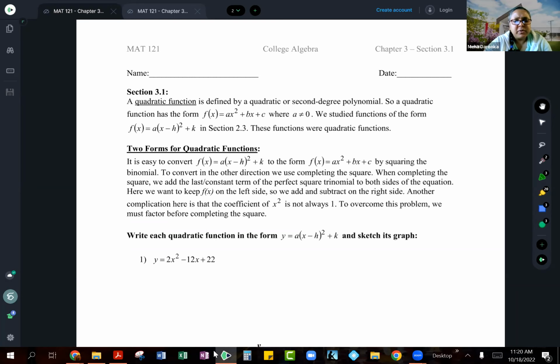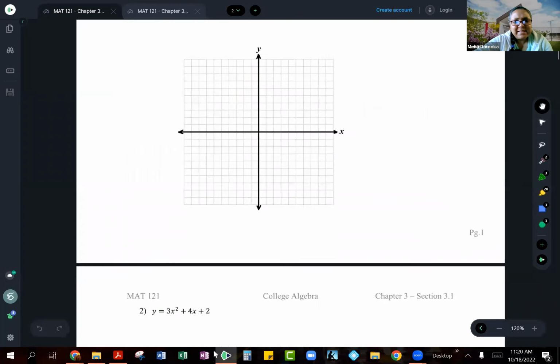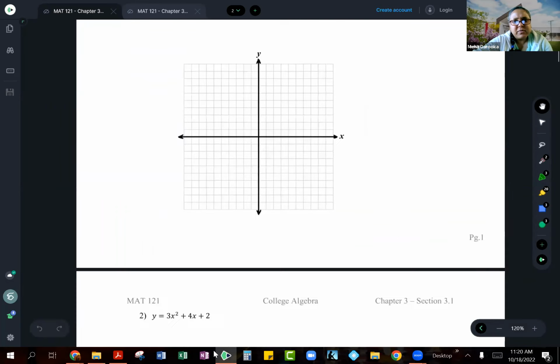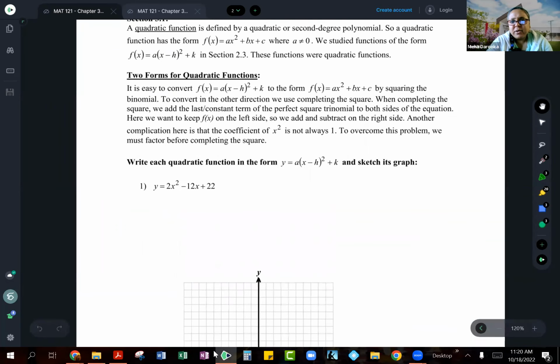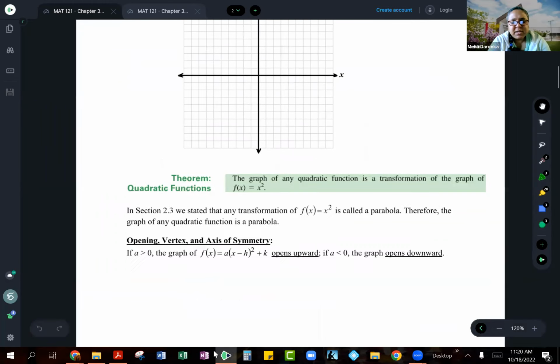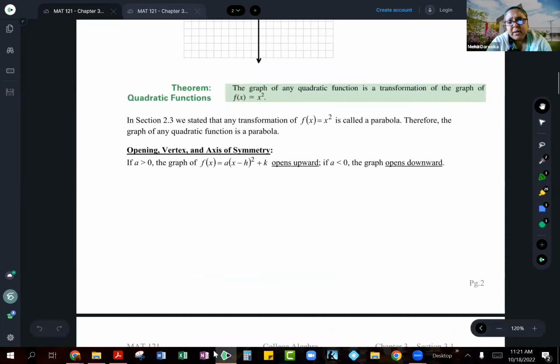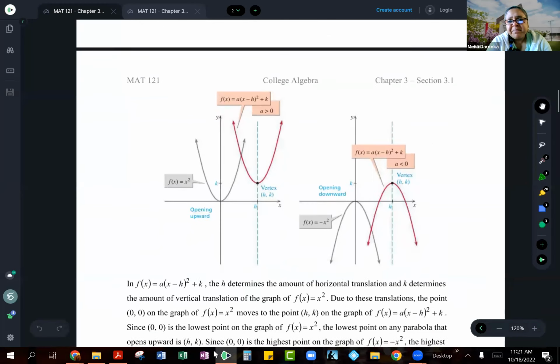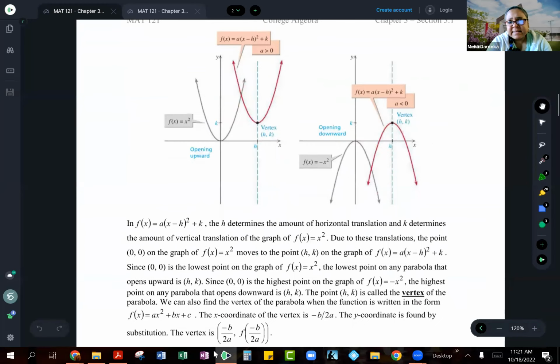Yeah, awesome, wonderful. So we were basically towards the end of chapter 3. Of course, we talked about how to convert between the two forms of our standard equation and the transformation equation. Then last class, we got into the different properties and characteristics of a parabola, a quadratic equation. So we talked about if your parabola opens up or down, what the vertex of your parabola is, the axis of symmetry.